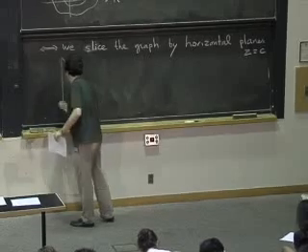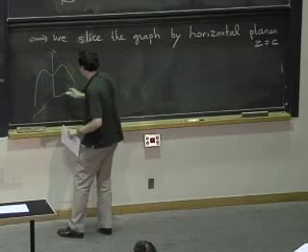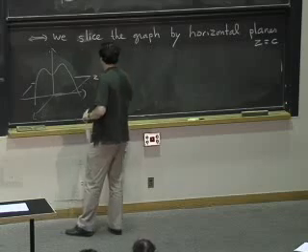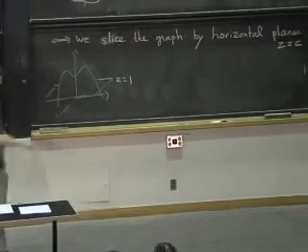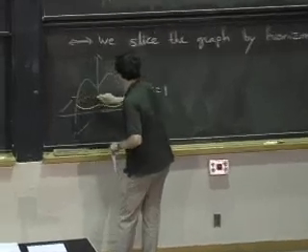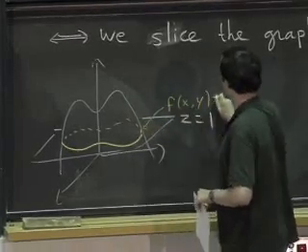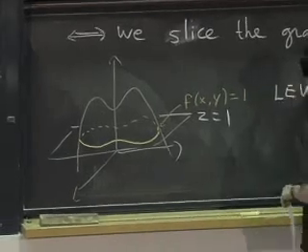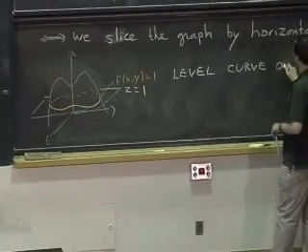So maybe the graph of my function will be some sort of blob out there. And if I slice it by the plane z equals 1, then I will get the level curve, which is the points where f of xy equals 1. And so that's called a level curve of f.